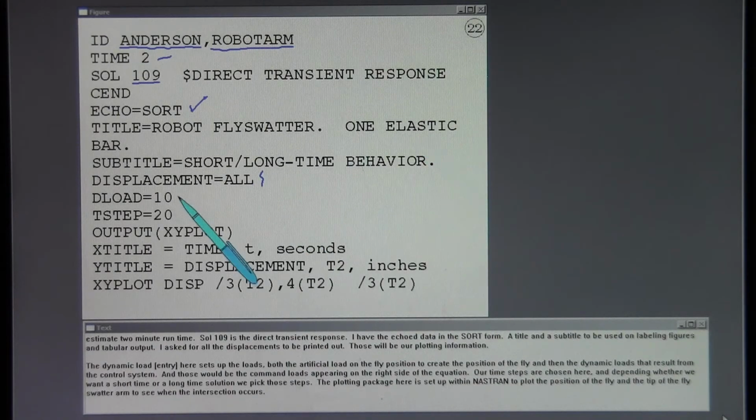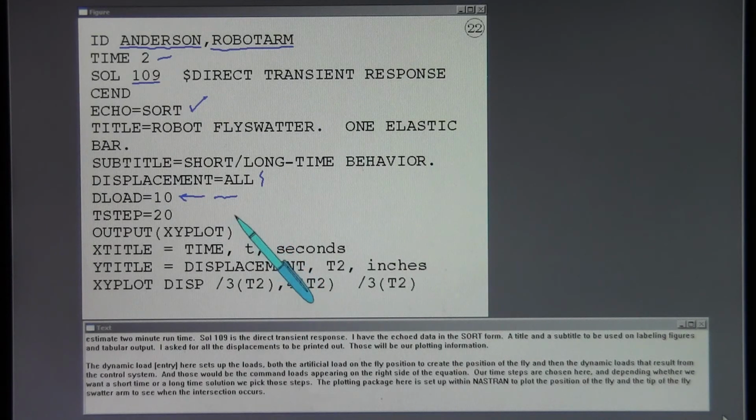The dynamic load card here sets up the loads, both the artificial load on the fly position to create the position of the fly, and then the dynamic loads that result from the control system. And those would be the command loads appearing on the right side of the equation.